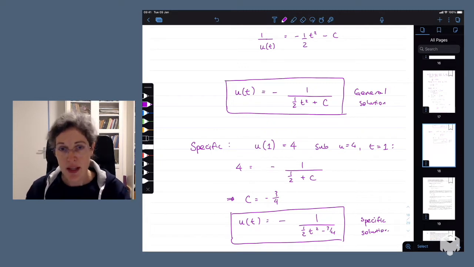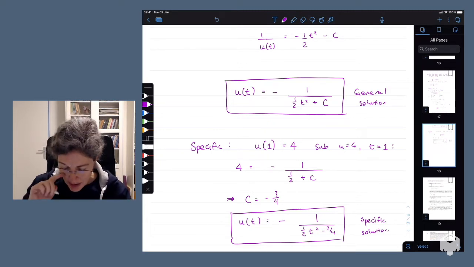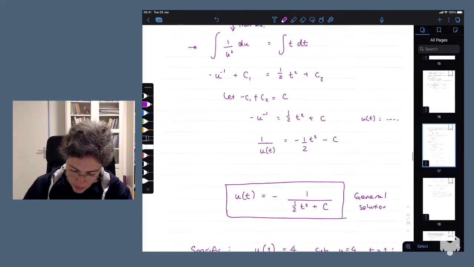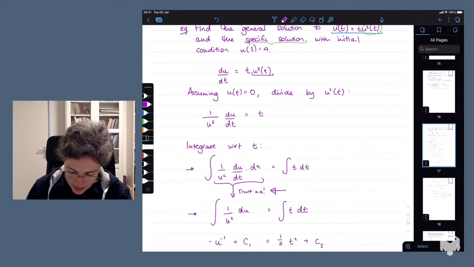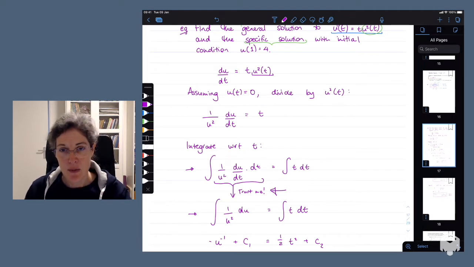Okay, so that is the technique in a nutshell. If you are wondering why the magic works, if you're thinking about this bit over here, the idea is that you do a change of variables.